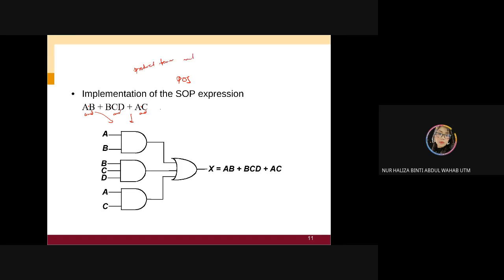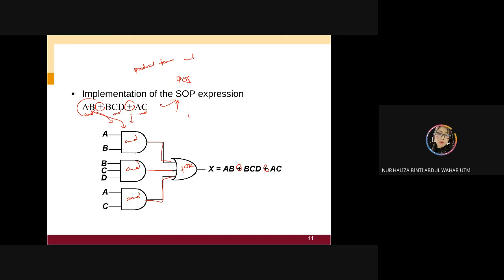That's why it is an SOP. It starts with AND gate, AND gate, AND gate, followed by, because it is a sum of product, you sum all, sum will be adding, so you have an OR gate.